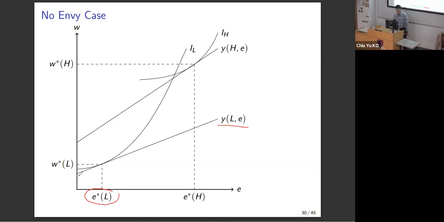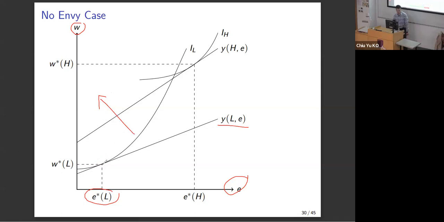This is positive, and we draw the indifference curve. Everyone would want higher wages and less education, so better is in this direction. This is the indifference curve for the low type, IL.